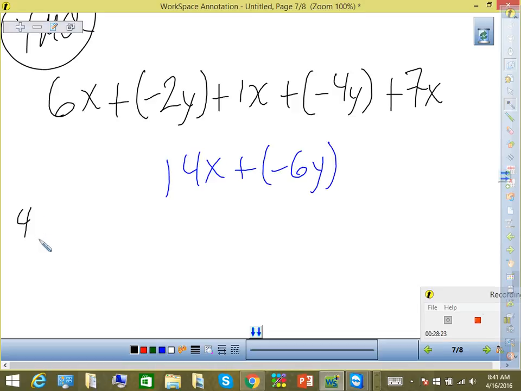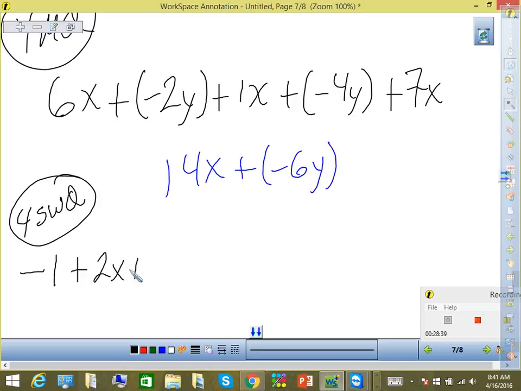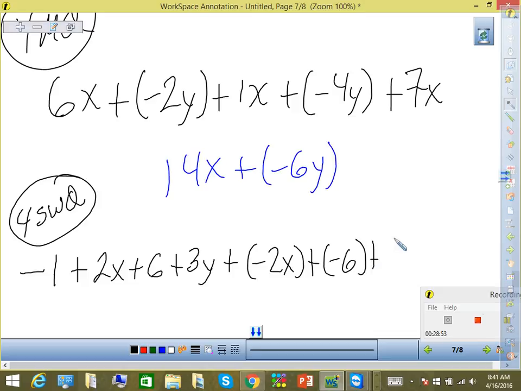Example 4. How about Star Wars Cube? Here we go. Negative 1 plus 2x plus 6 plus 3y plus negative 2x plus negative 6 plus negative 5y. Go.